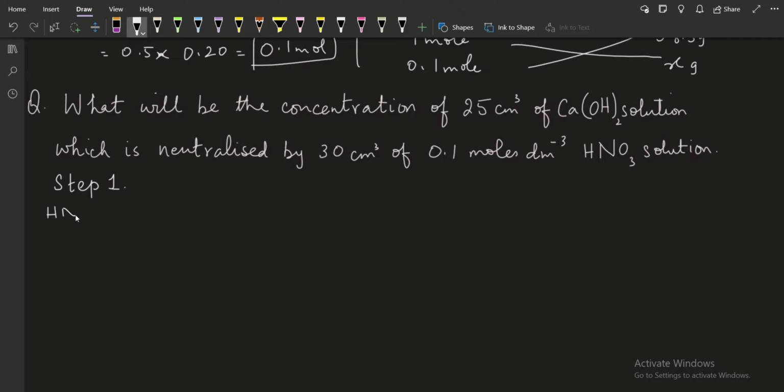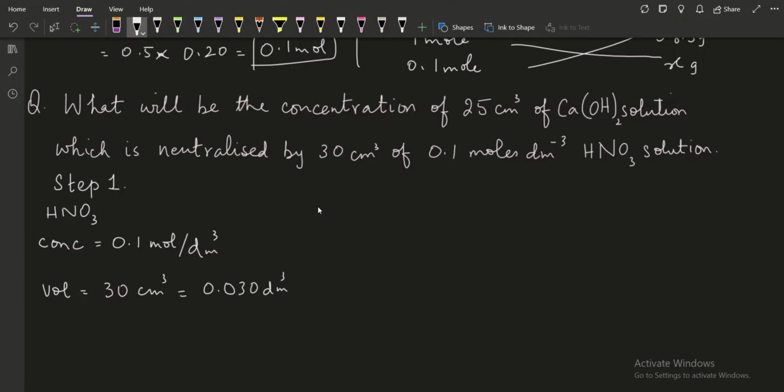For nitric acid, the concentration is 0.1 mole per cubic decimeter, and its volume is 30 cubic centimeter. You can change it into cubic decimeter by dividing by 1000, so it will be 0.030 cubic decimeter.